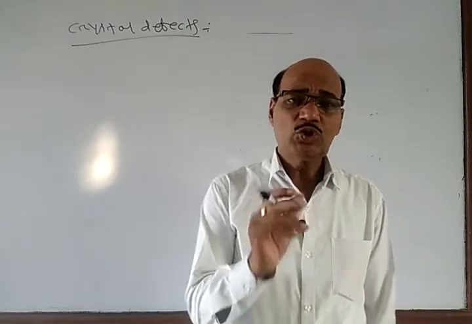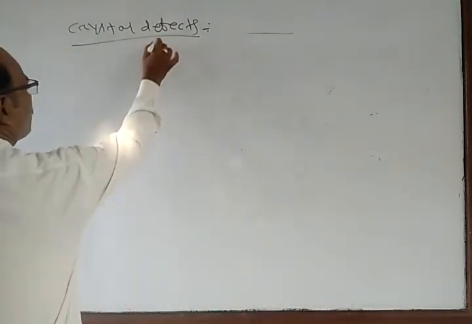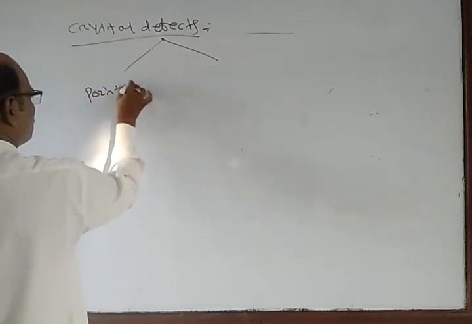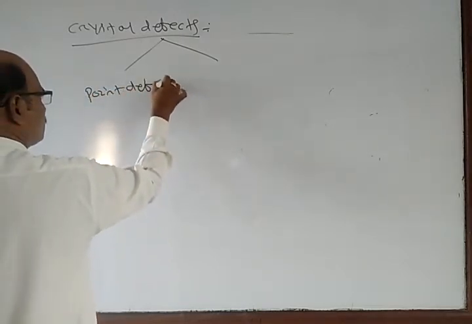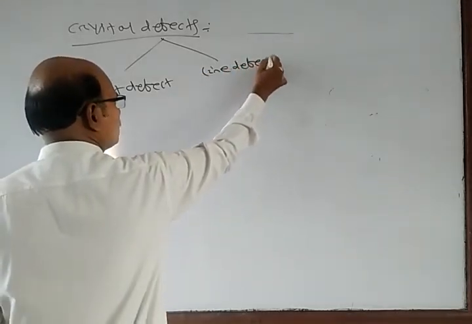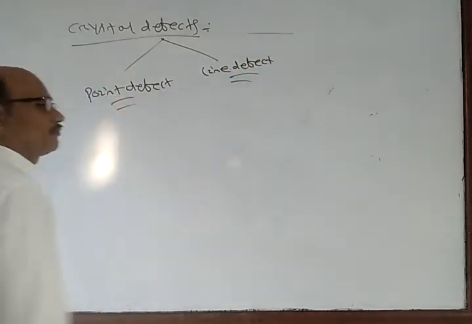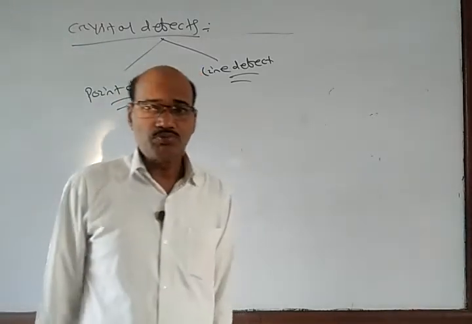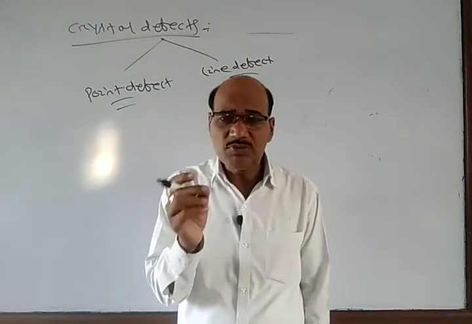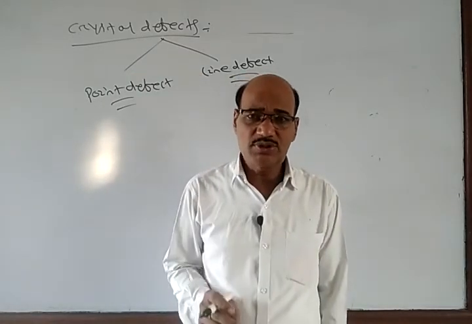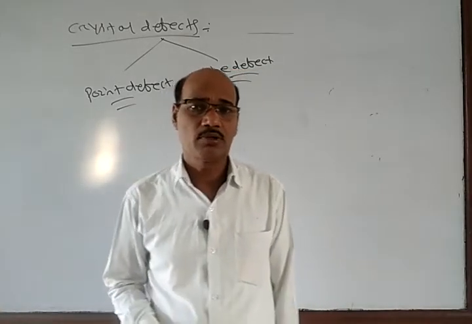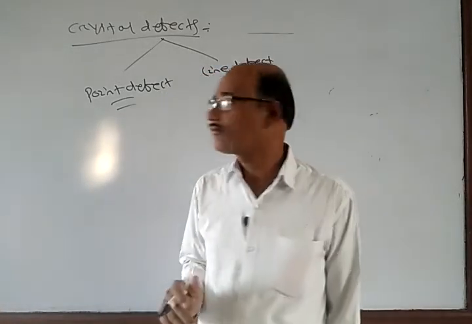And we have two kinds of defects: point defect and line defect. Point defects are the defects where only the constituent particles or atoms are misplaced along the axis.